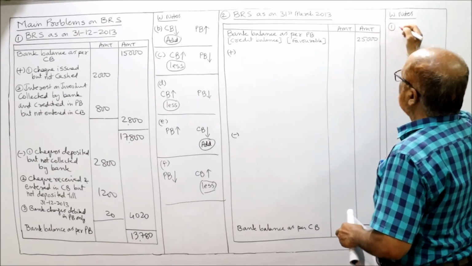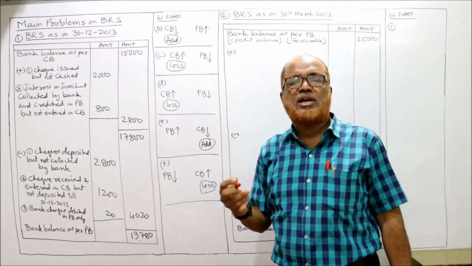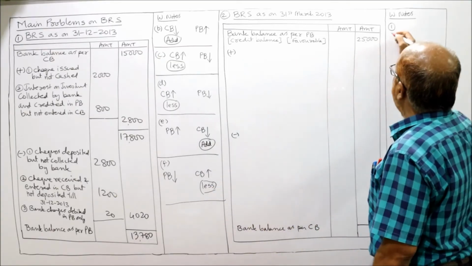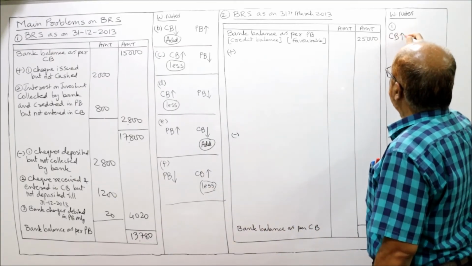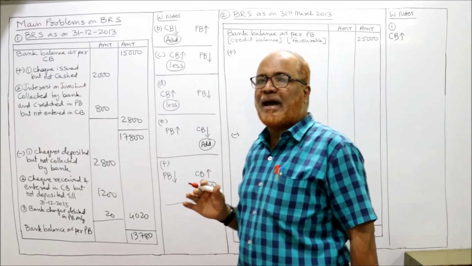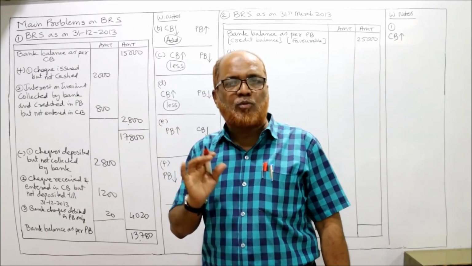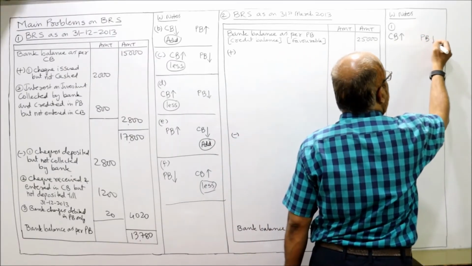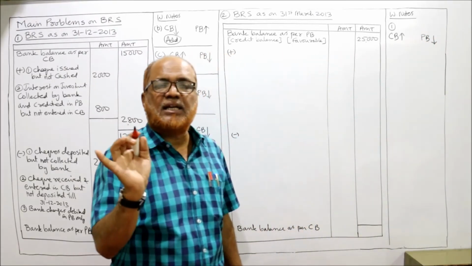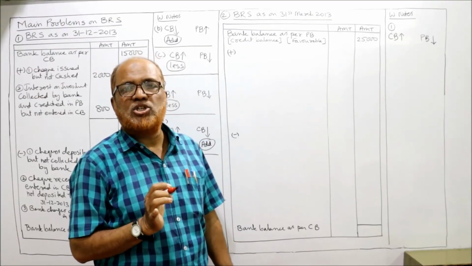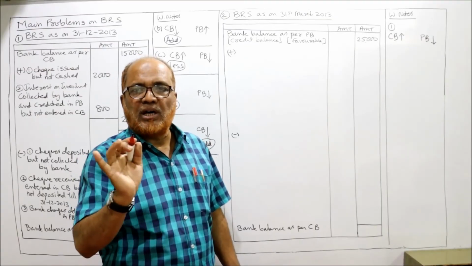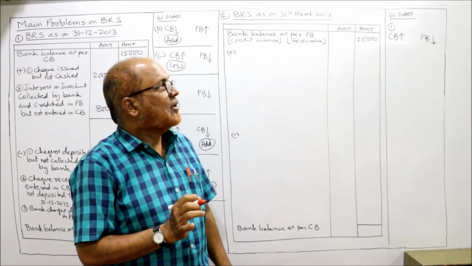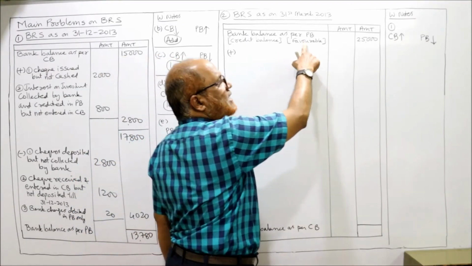Now first item, before depositing the check in the bank, we record it in the cash book. So cash book balance will increase, whereas passbook balance still shows low balance because the banker has not yet collected. How much? 3,000. 2,000 already cleared, 3,000 not cleared. So our starting point is passbook balance.